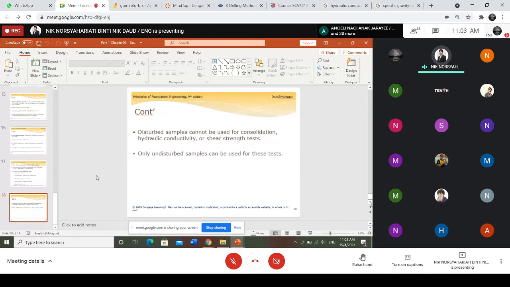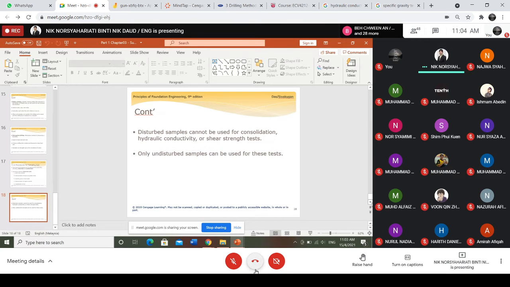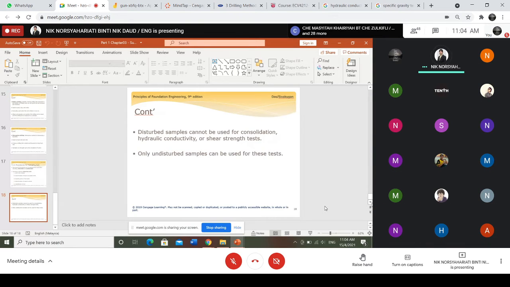Alhamdulillah, at least you know how to carry out the plastic limit, and the specific gravity you managed too. The sieve analysis you did not manage.